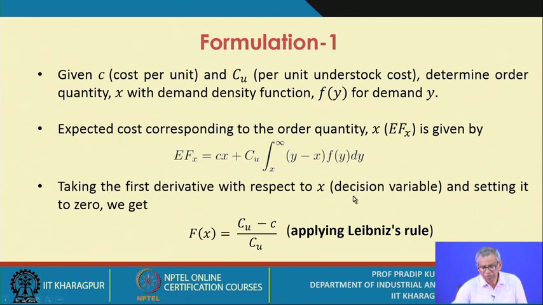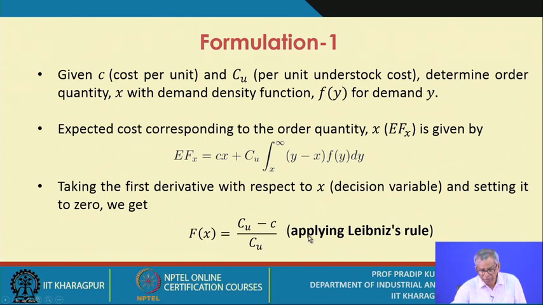Taking the first derivative with respect to X, where X is the decision variable, and setting it to 0, we get this expression: the cumulative distribution function F(X) equals (Cu minus c) by Cu.